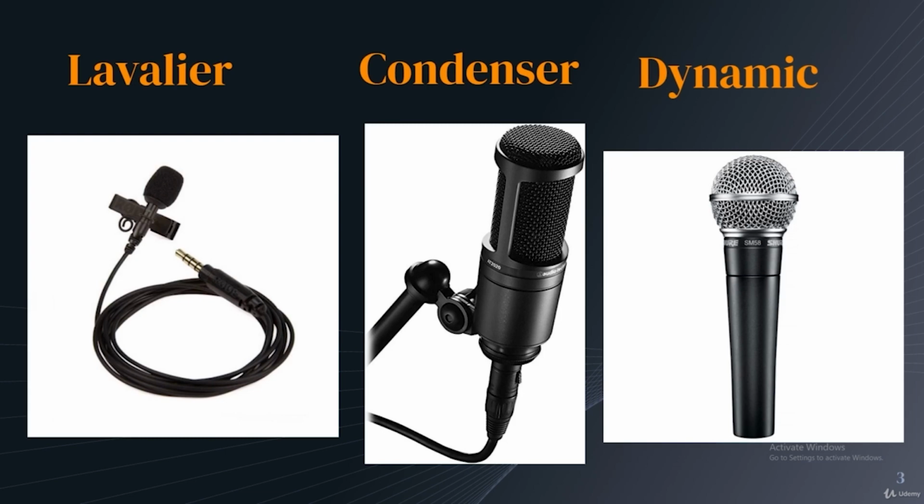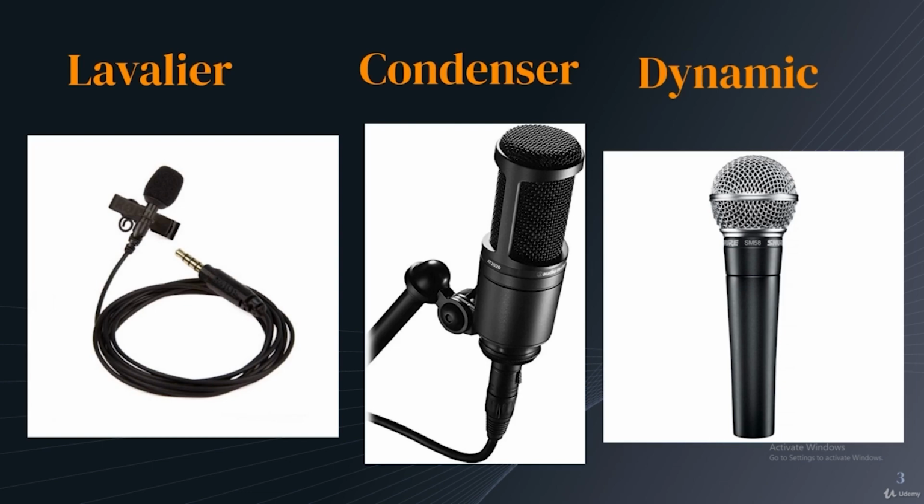You don't need to get very deep into this stuff. I don't suggest you get very deep into the audio stuff, because yes, there are differences, but you don't need to know them. But understand that lavalier mics are the smaller mics that are attached to a collar. Condenser and dynamic mics will look absolutely similar to you, but they work a bit differently.